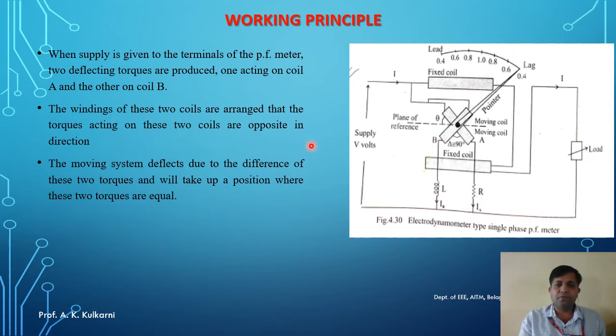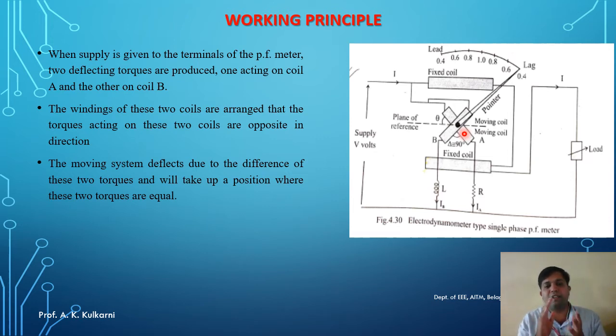The windings of these two coils are arranged such that the torques acting on these two coils are in opposite direction. So the windings provided for these two coils are arranged in such a way that the torques produced by these two coils will be in opposite directions. So due to this opposite torque produced by these two coils, they will interact with each other.